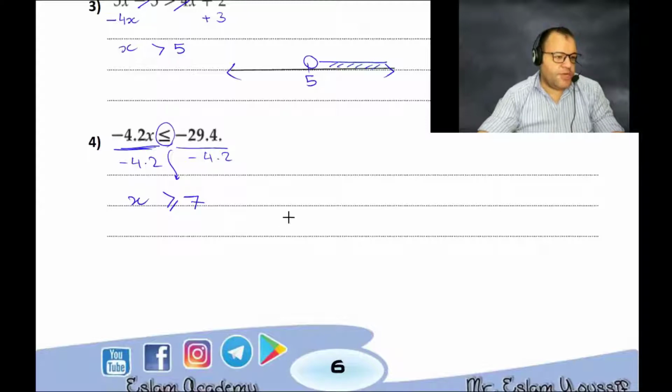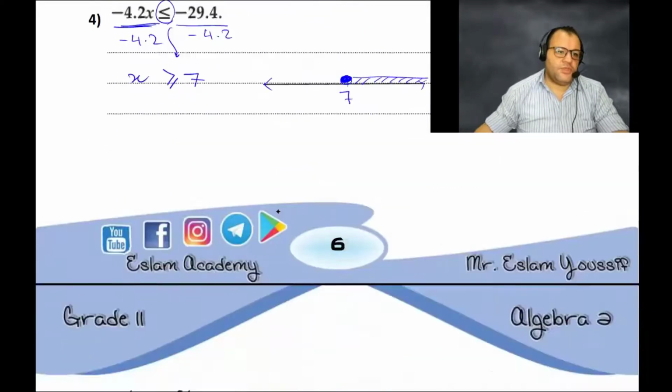So how can we represent this one graphically? 7 would be included, so that will be a closed circle, and we are going to the right. So that is how we can graph. Any problem for this one?